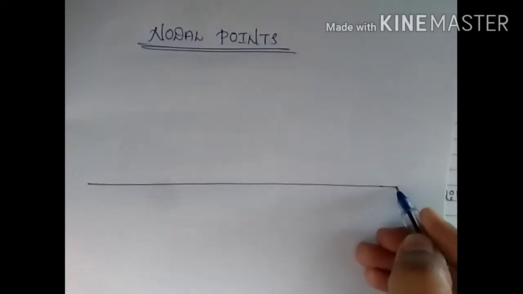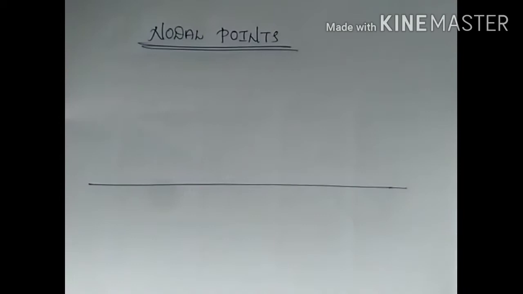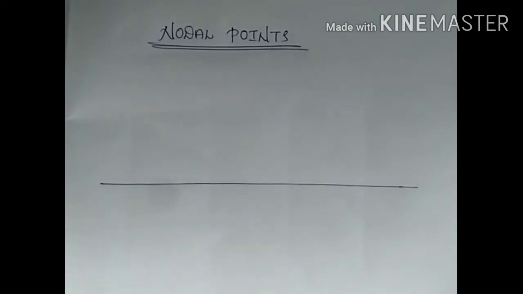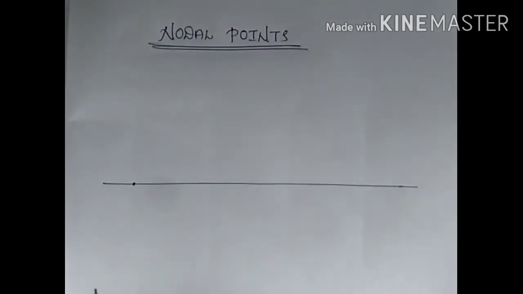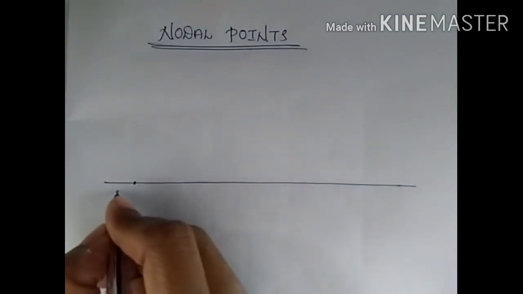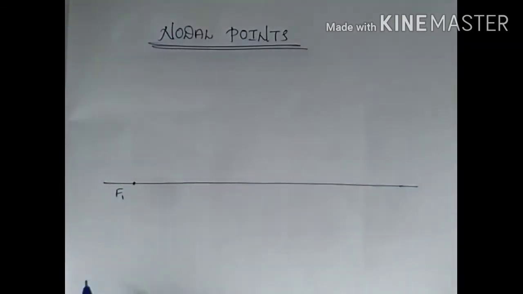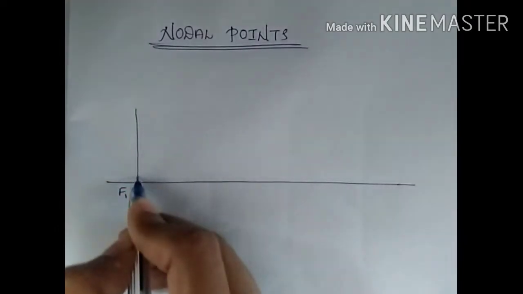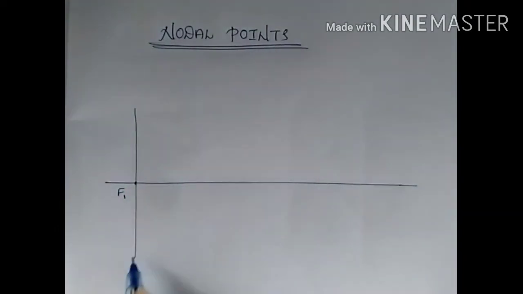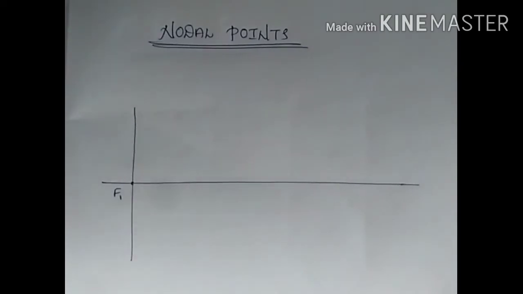So this is the principal axis that we have learned in our earlier classes. On this principal axis there will be basically two focal points and two principal points. Let F1 be the first focal point, and the plane passing through this first focal point is known as a focal plane.